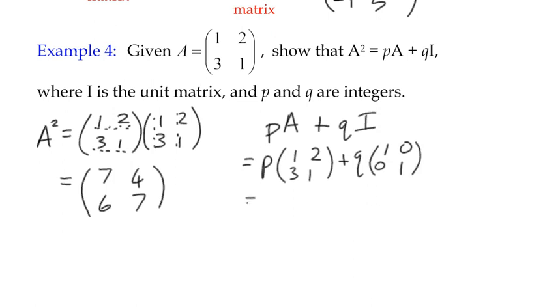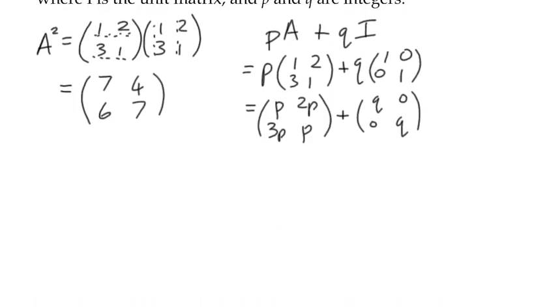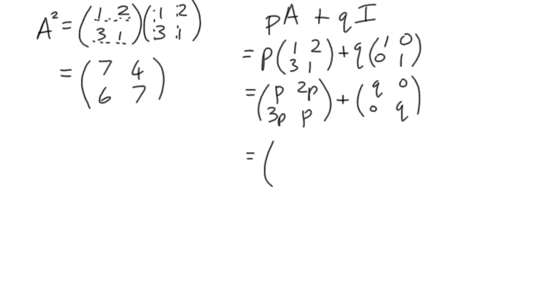And if we multiply them in, we would actually get P, 2P, 3P, P, plus Q, 0, 0, Q. And if I add those two matrices together on the right, I would get one single 2 by 2 matrix whose first element is P plus Q. 2P is going to be on its own there because we're adding 2P and 0. In the second row, we've got 3P plus 0, and we've got P plus Q.